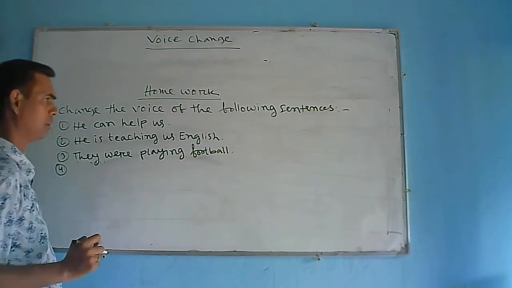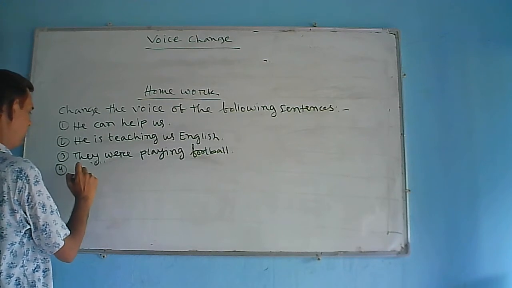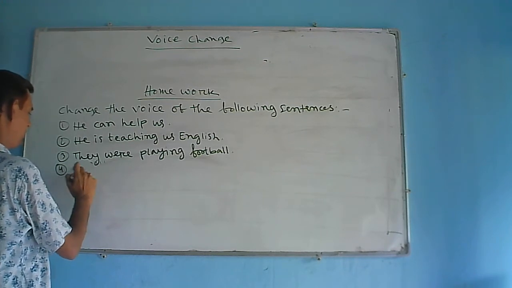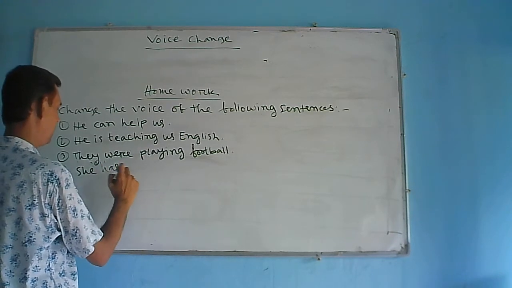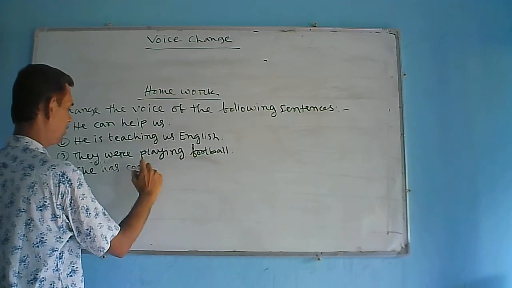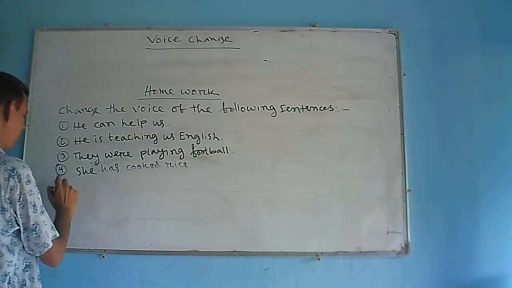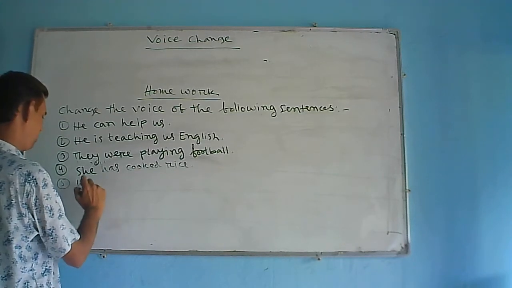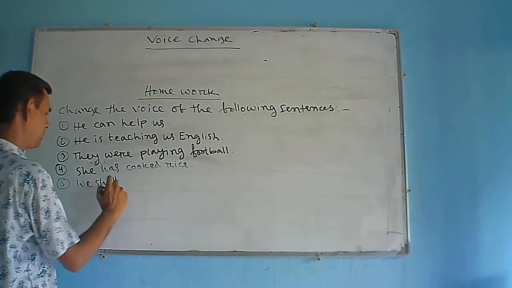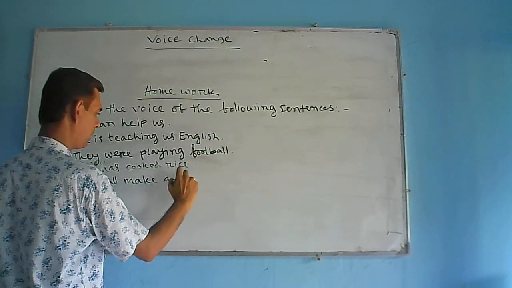Number 4, she has cooked rice. Number 5, we shall make a garden.